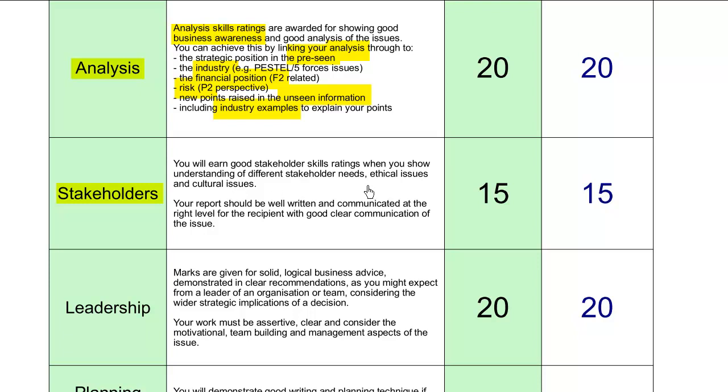So you'll notice over here, ethical issues, the culture within the business comes into the different stakeholders as part of this section. And it's very important, because people and leadership skills are two key criteria that you're being measured on, and so thinking as you go through your script about people and management matters.